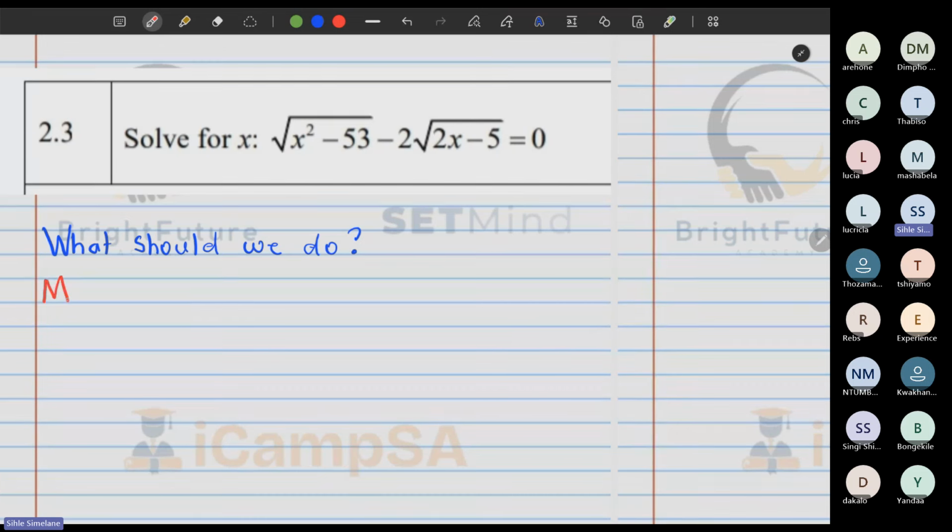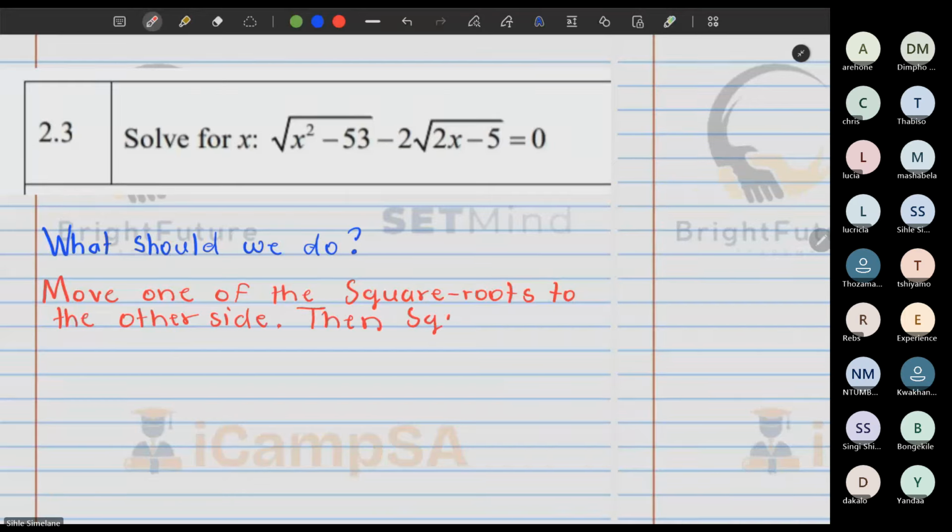So the first thing we should do whenever we come across square roots like this is move one of the square roots to the other side. Then what do you do afterwards? Then square both sides. This you should do even on your exams: then square both sides.